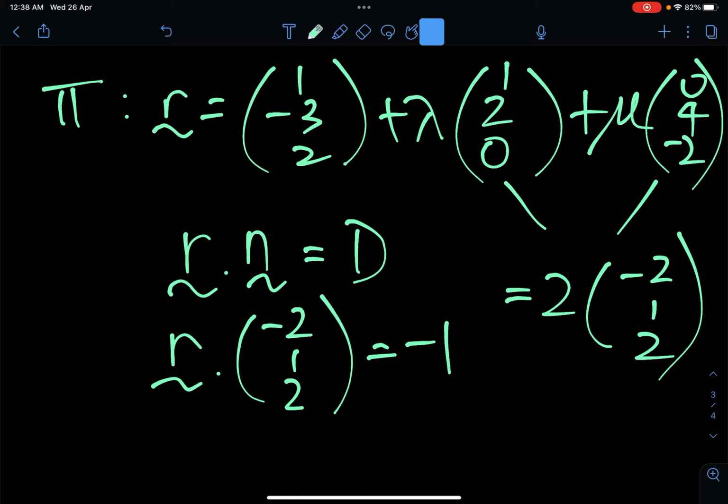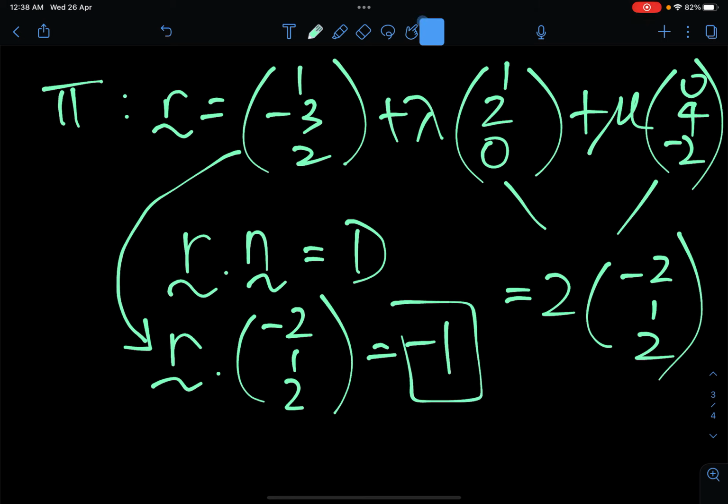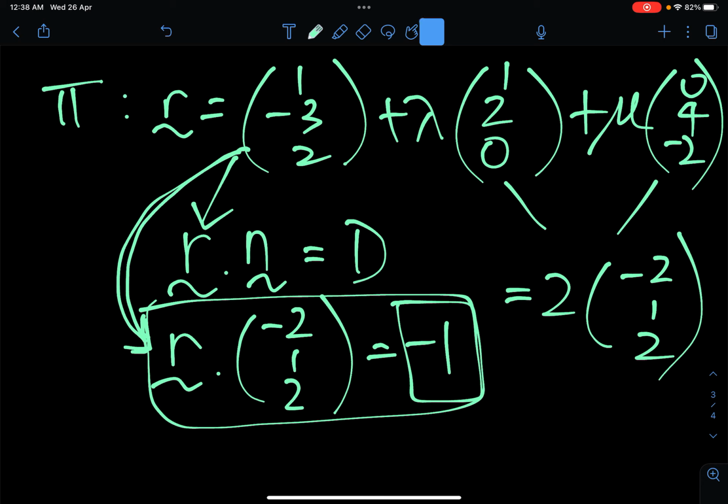When we dot the point with (minus 2, 1, 2), we get minus 1, which is 1 times minus 2 plus minus 3 times 1 plus 2 times 2, giving us minus 1. That's why this is minus 1, because this is a point on the plane, which will always satisfy the equation of the plane.